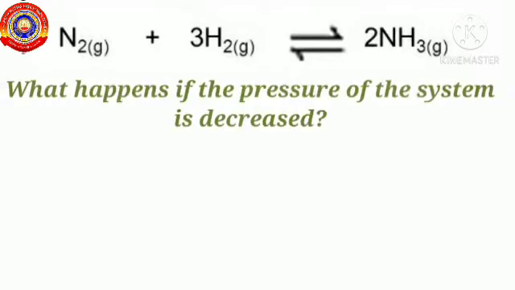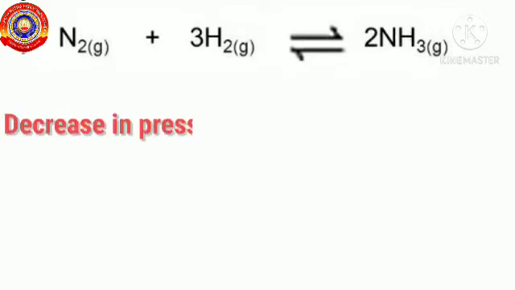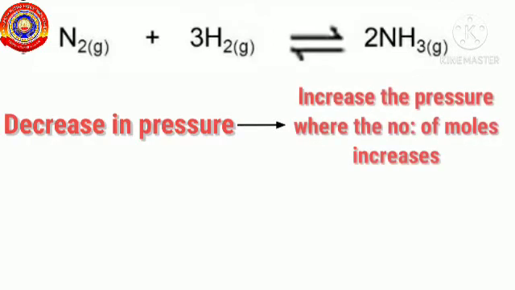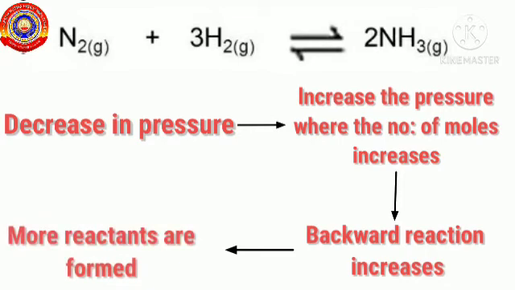What happens if the pressure of the system is decreased? If the pressure decreases, what will the system do? As the pressure decreases, the system will try to increase the pressure by shifting where the number of moles increases. Hence, the rate of the backward reaction increases and more reactants are formed.